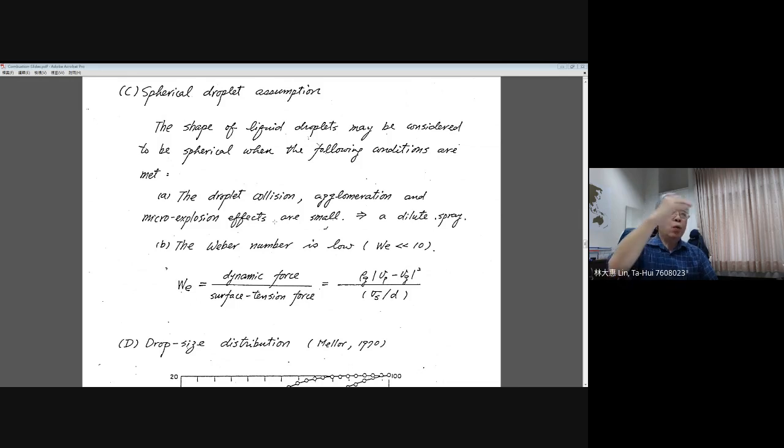Usually, when you move away from the injection point a little bit, the droplets in your spray field exist at relatively large distances. They do not have very serious collisions or agglomeration, and then we can say this spray is dilute.